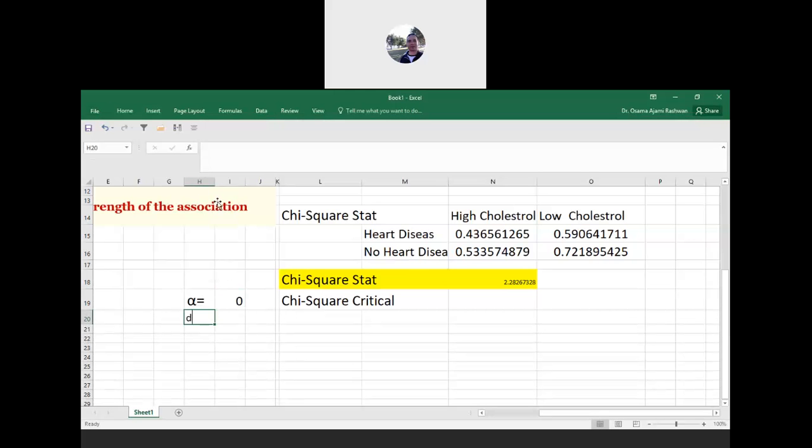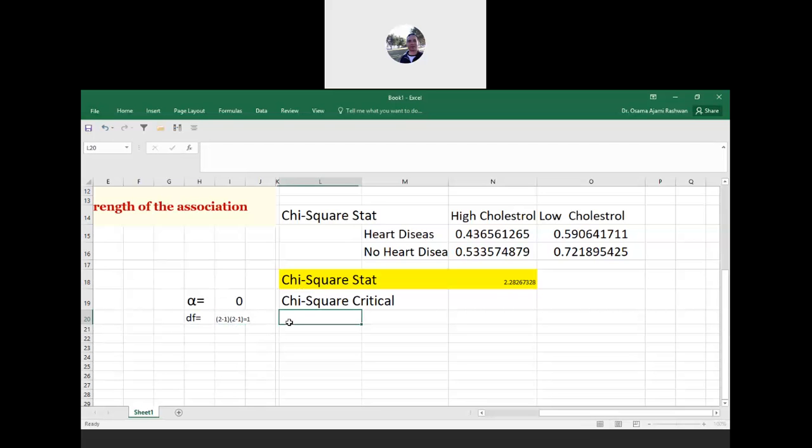Degree of freedom equal to what? How many rows do you have? 2. So I have 2 minus 1 times, I also have 2 columns, so 2 minus 1. So the degree of freedom is equal to 1, right?